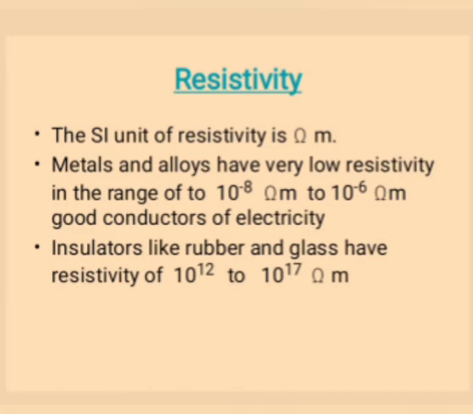When the resistivity of the material is low, they are good conductors of electricity. When the resistivity is more, they are called the insulators, bad conductors of electricity. Both the resistance and resistivity of a material change with temperature.